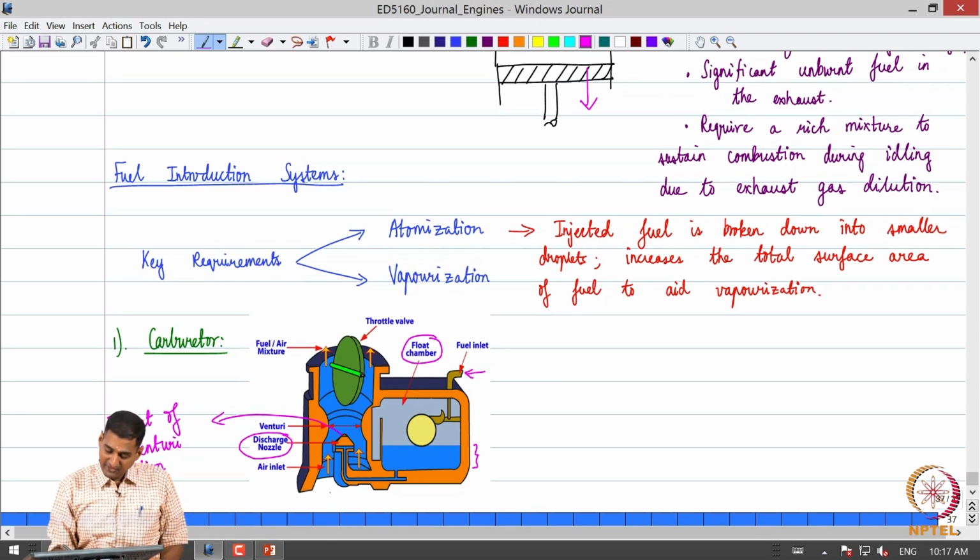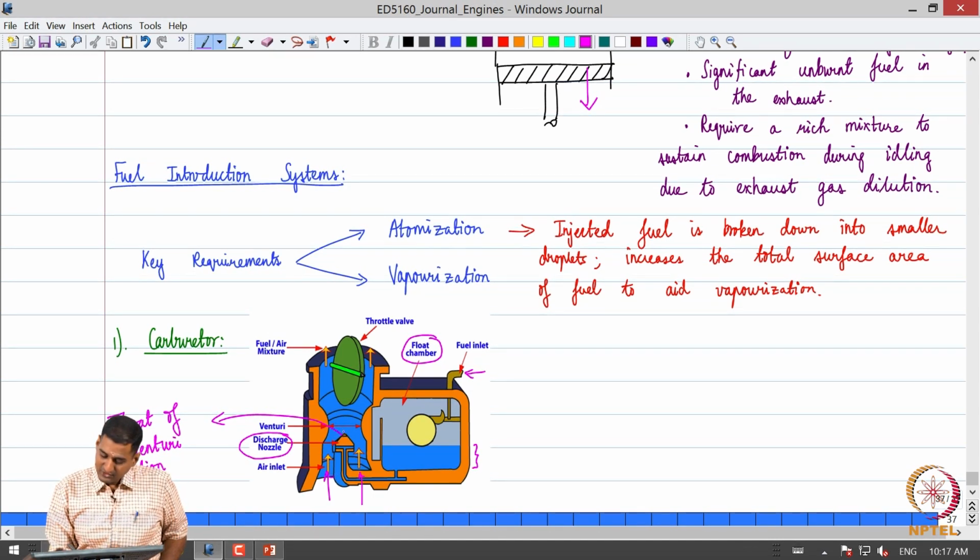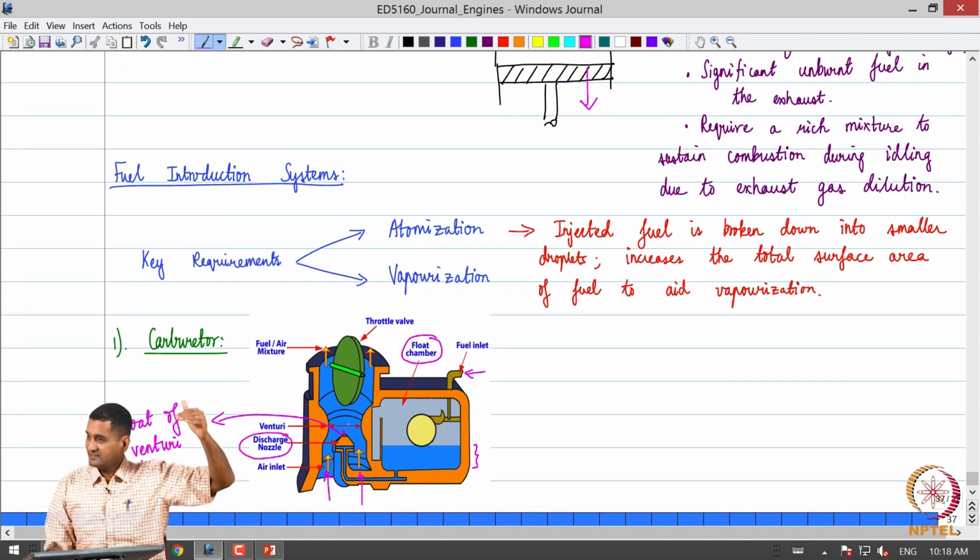Now what happens is the following. Let us say air is being sucked into the carburetor, and air flows. When air flows through the venturi, at the throat the pressure drops, right, and the kinetic energy of the air increases. So the speed of air increases.